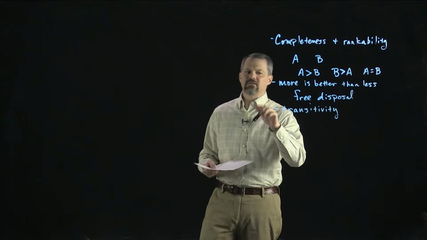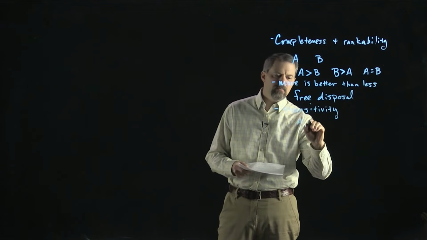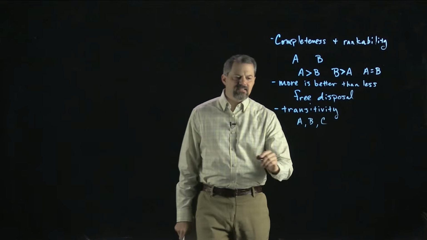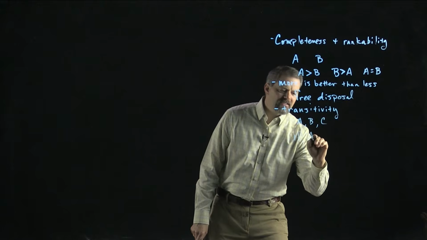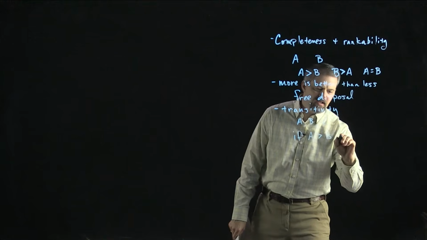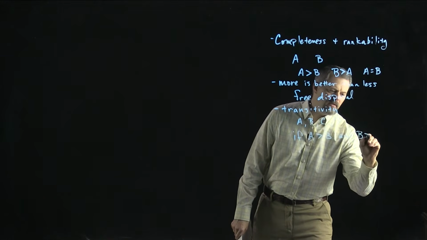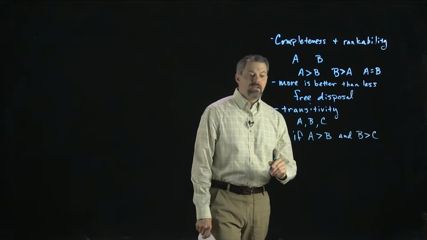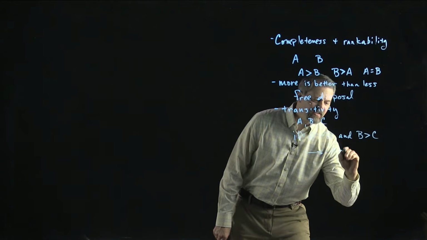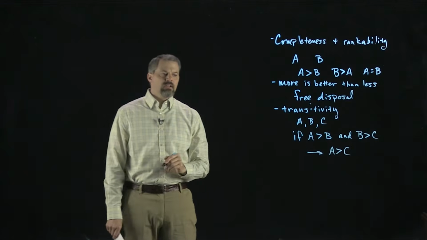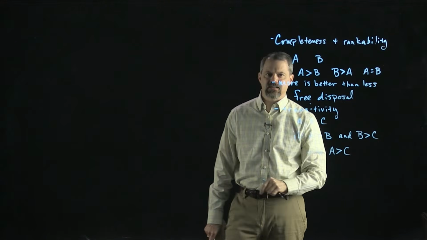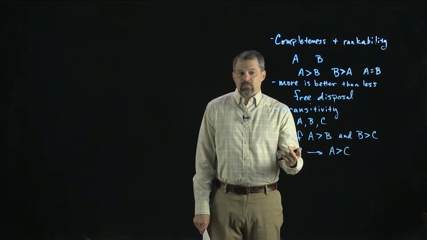So if we're considering three bundles, A, B, and C, then we can say this: if the consumer likes A more than B, and B more than C, then that means the consumer has to like A more than C. If they like A more than B and B more than C, they have to like A more than C. And that's a reasonable assumption.